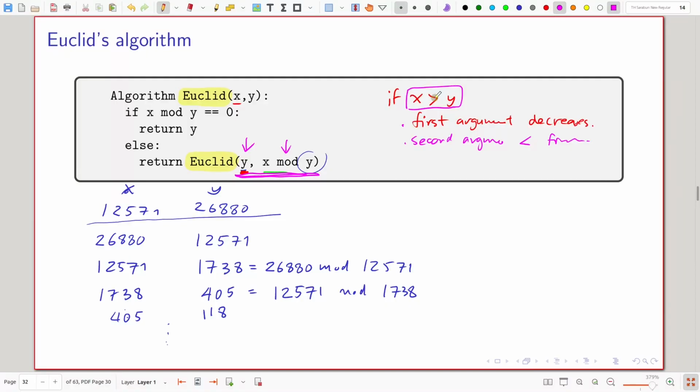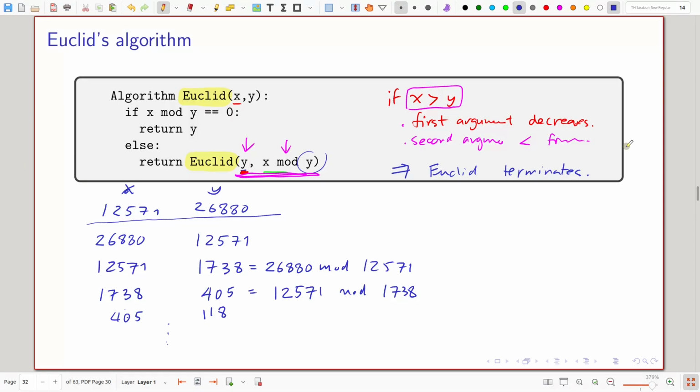But with this argument we cannot say anything about how quickly it terminates. But we know that it eventually terminates. So from this we can conclude that Euclid terminates. But we have no idea if it terminates really quickly or not.